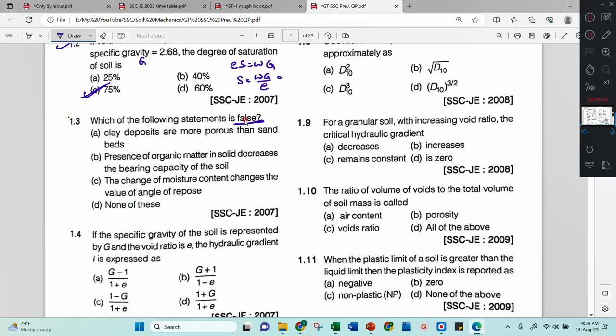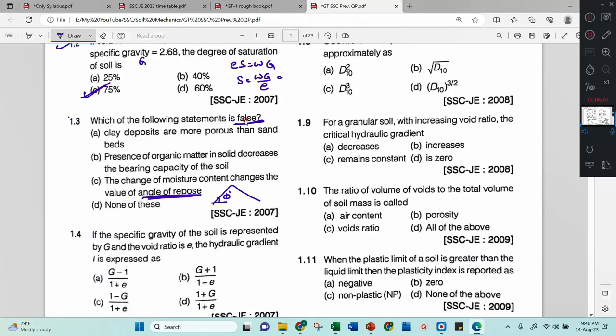None of the above. This we can discuss later because angle of repose is there. Angle of repose means soil you can make into some heap. This angle is called the angle of repose. You can call it phi dash.